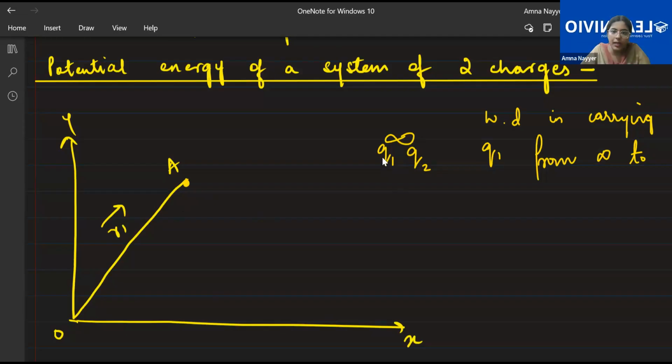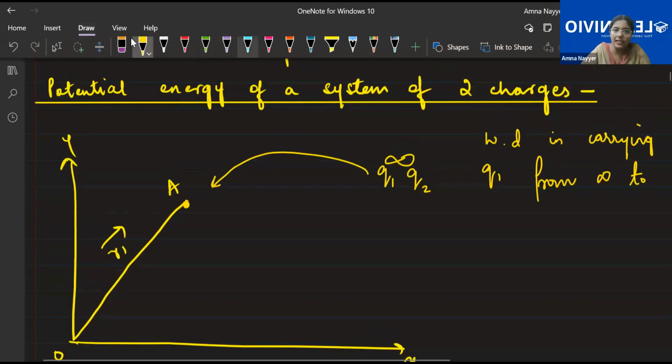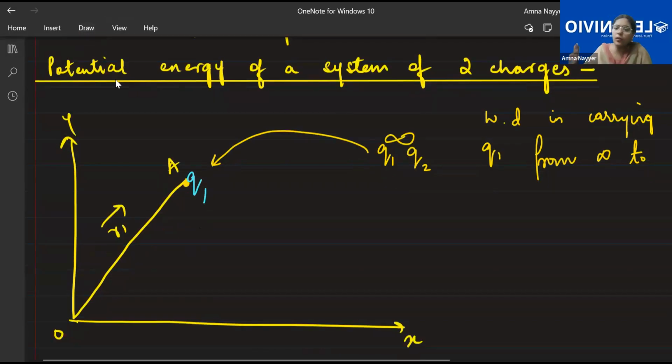First I am bringing Q1 from infinity to this point A. Now at this point A, I have the charge Q1, separated from the origin by R1. Now class, tell me, when nothing was there and I have brought Q1 from infinity to this point, will it have any potential energy or not? Yes or no?